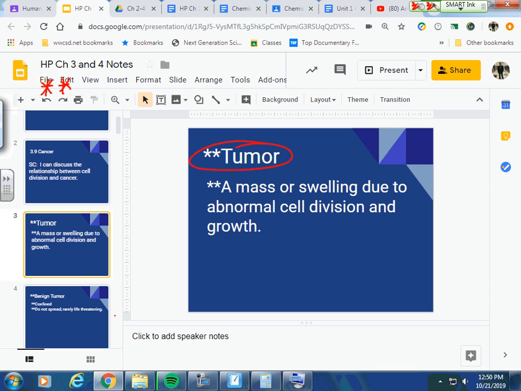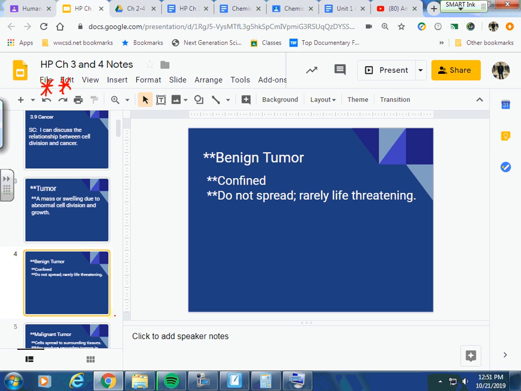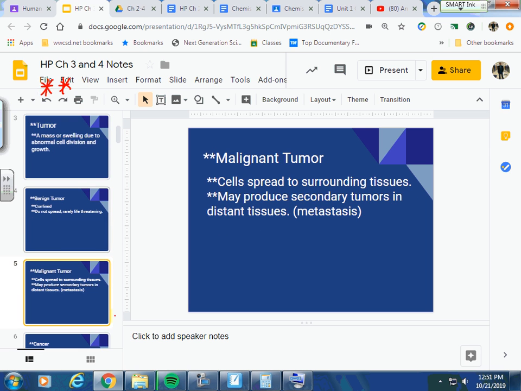Mass or swelling due to abnormal cell division and growth. You should also know that the migration of cells, that's dangerous. That's when we get malignant. So we've got benign tumors to stay in one place, but malignant tumors, you should know this term here, metastasis.